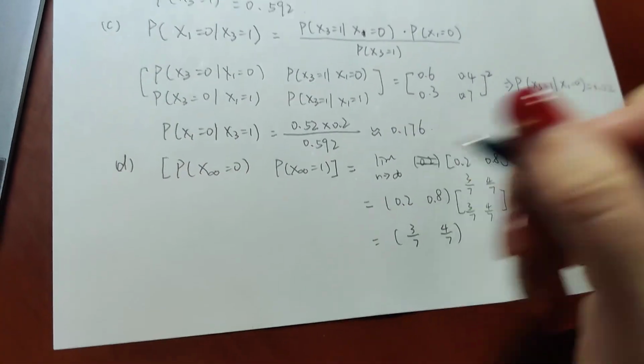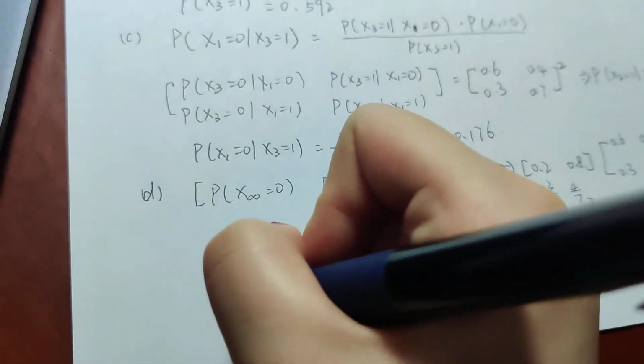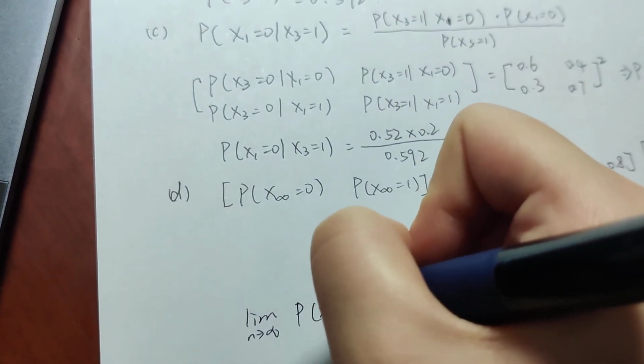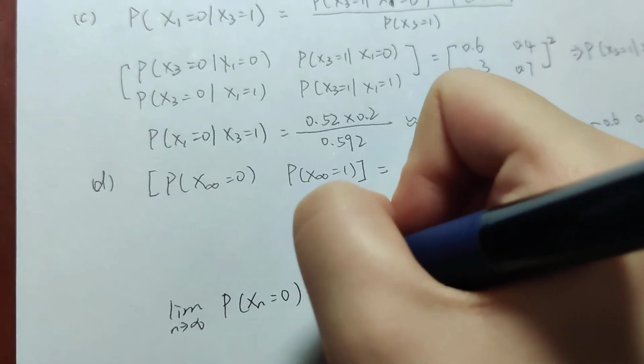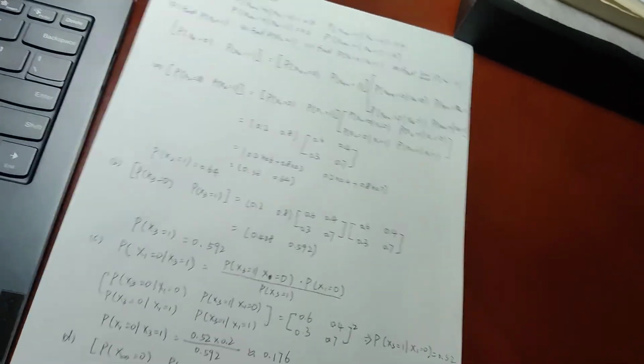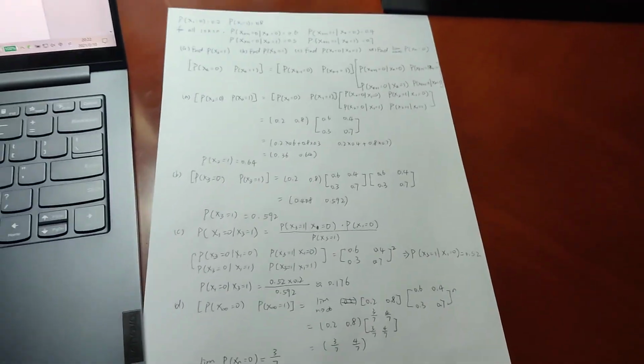So we can know the answer. Xn equals 0, the answer equals this, and that's the answer.